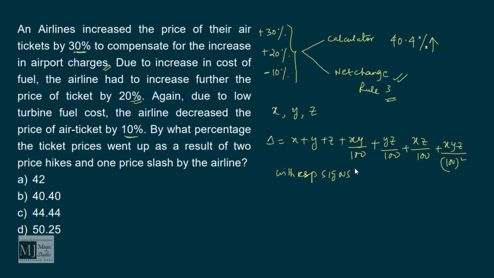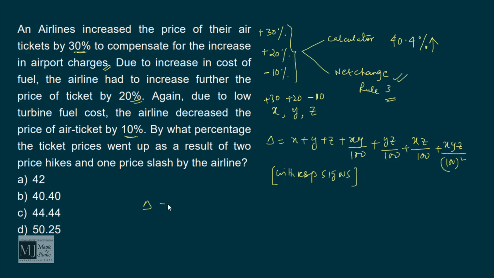Now what do I mean by with respective signs? That x is plus 30, y is plus 20, z is minus 10. Now let's plug in the values and you will see we'll again get back to 40.4.